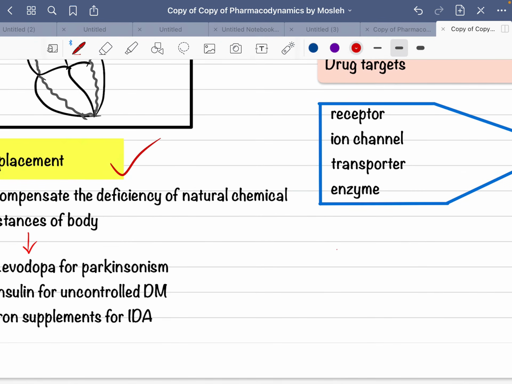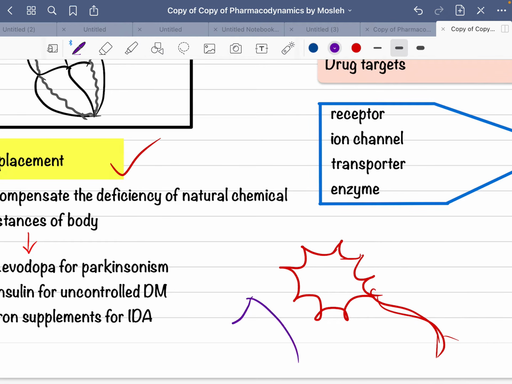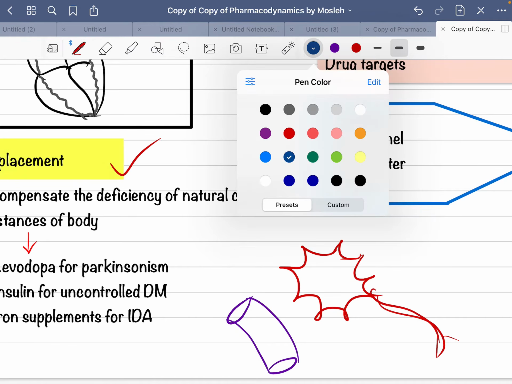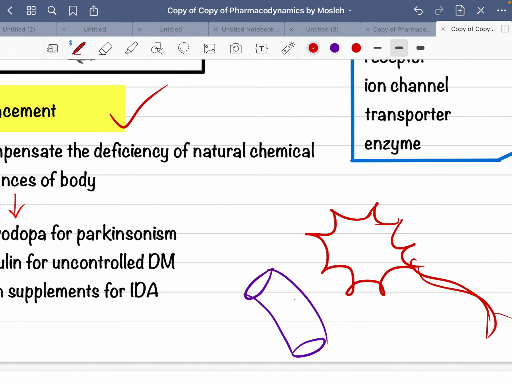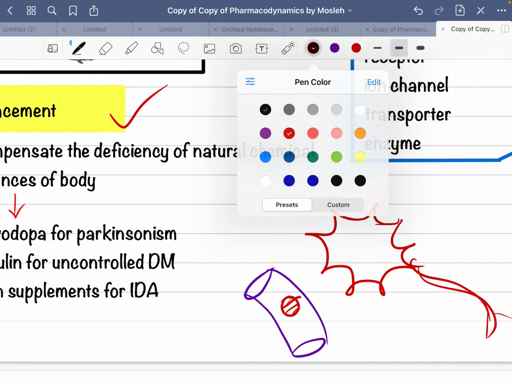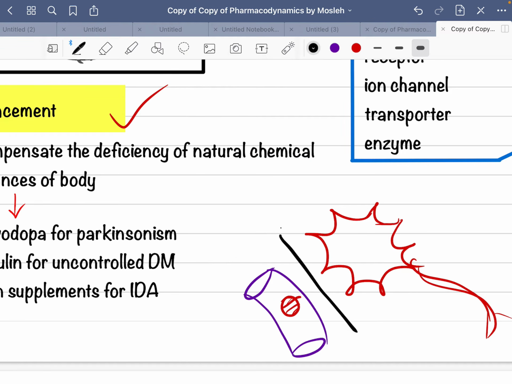Because you know, suppose this is a neuron, and these are the blood vessels. Now our externally given dopamine is here. If the externally given dopamine is water soluble, you know that there is a barrier. This barrier is called the blood brain barrier.